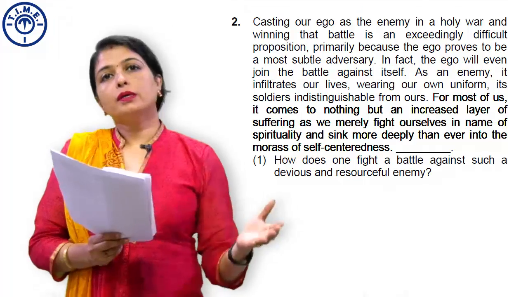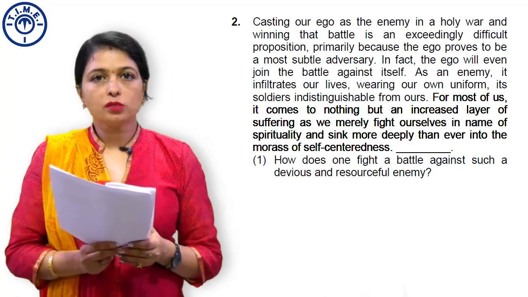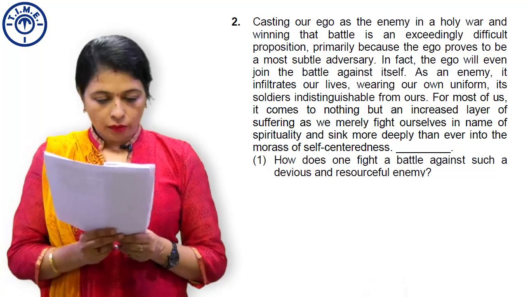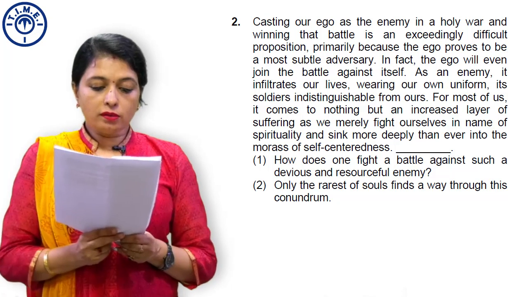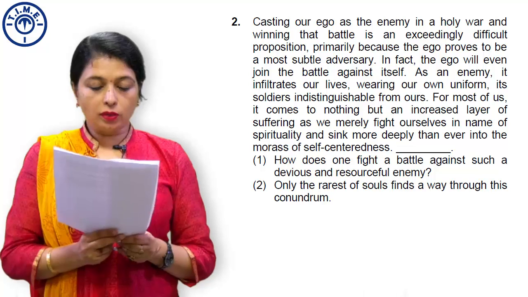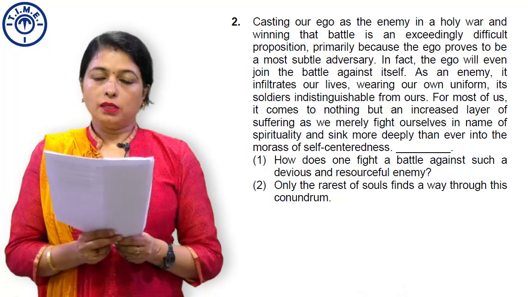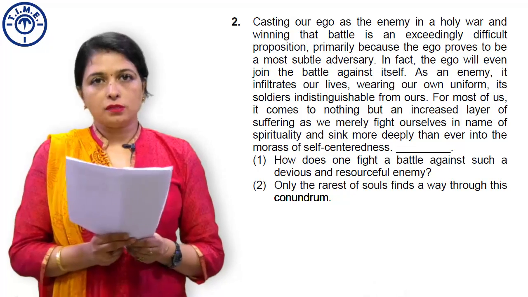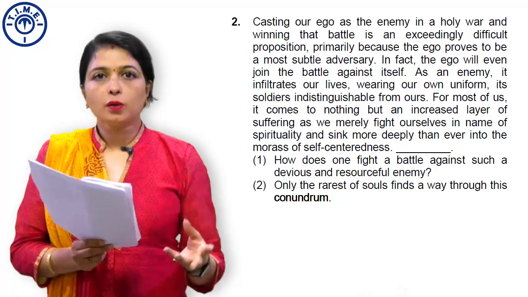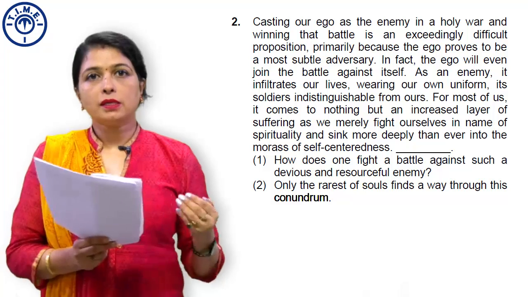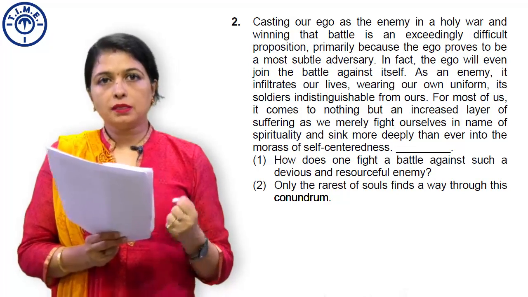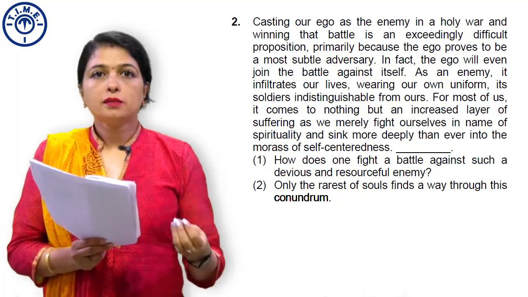So, there is no direct association or connection between these two thoughts, and therefore, one does not work. The second one says only the rarest of souls find a way through this conundrum. Now, in this choice, the word conundrum is of essence. Conundrum is a difficult problem, and in the entire paragraph, this particular aspect has been discussed, that casting our ego aside is a difficult thing.